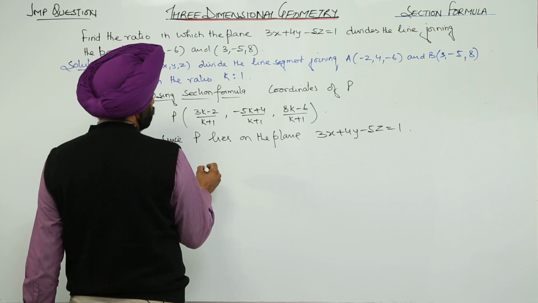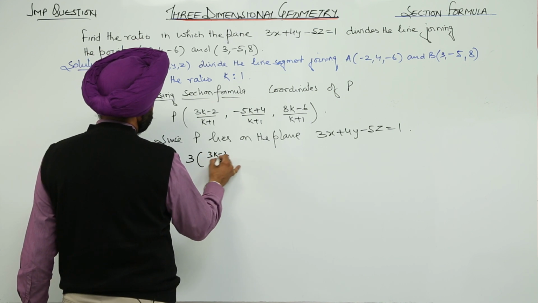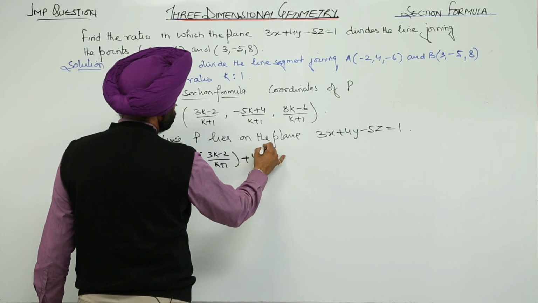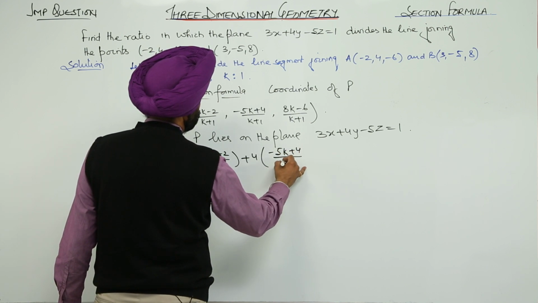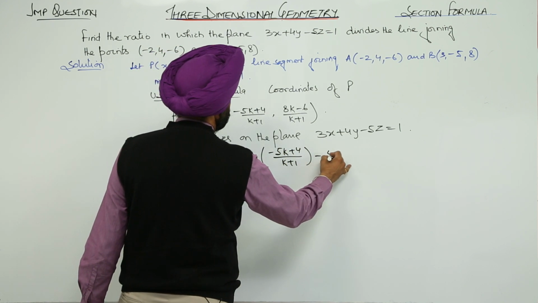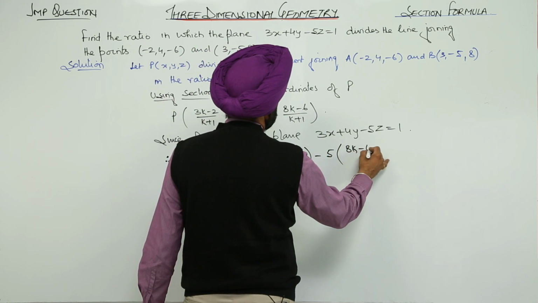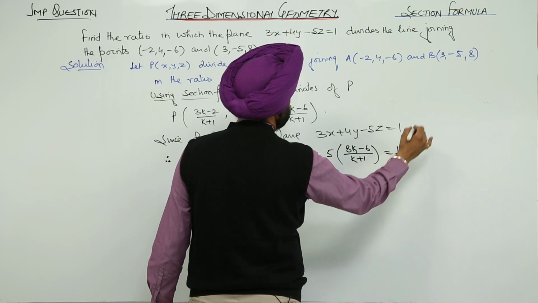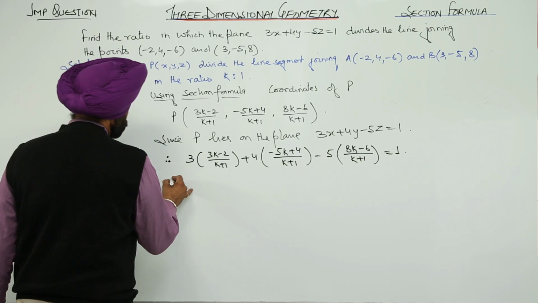Therefore, 3 times (3k - 2)/(k + 1) plus 4 times (-5k + 4)/(k + 1) minus 5 with the coordinate of z, (8k - 6)/(k + 1), is equal to 1. Okay. So, we are just solving this part.